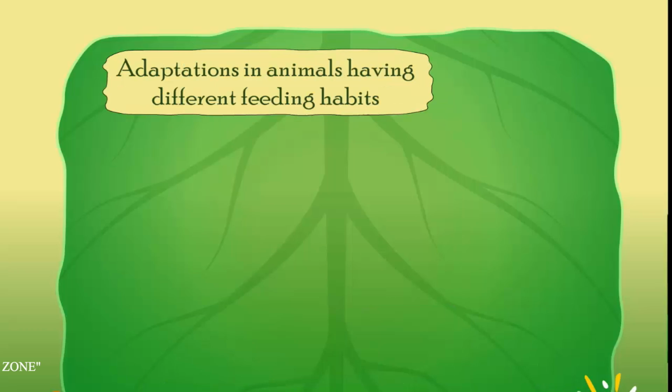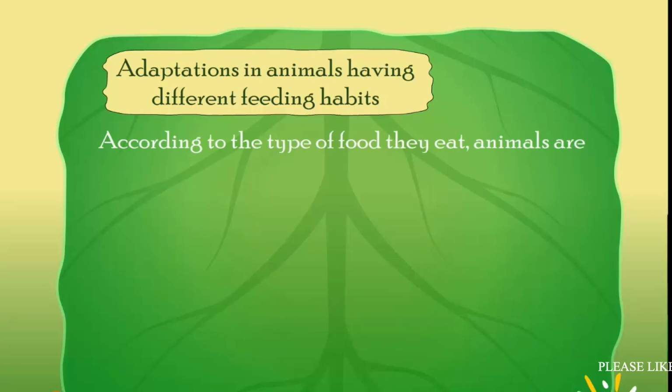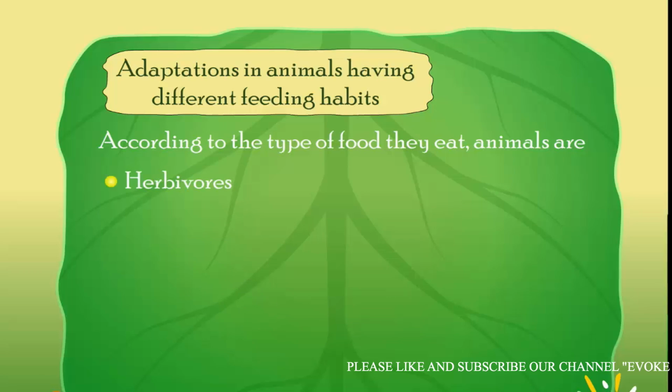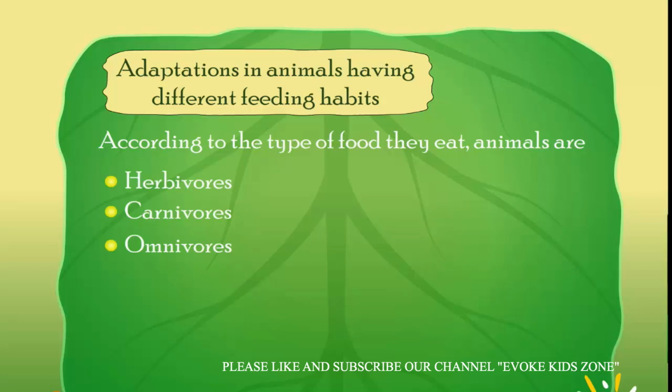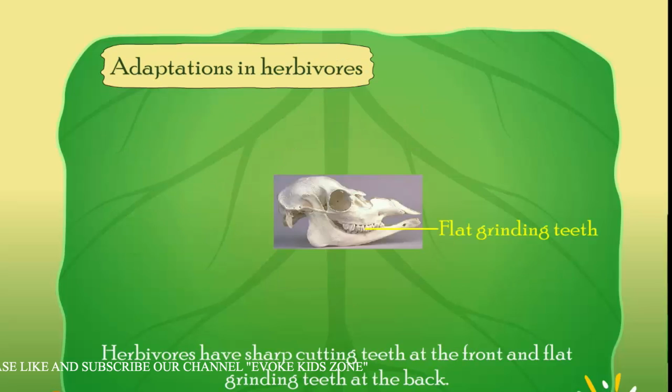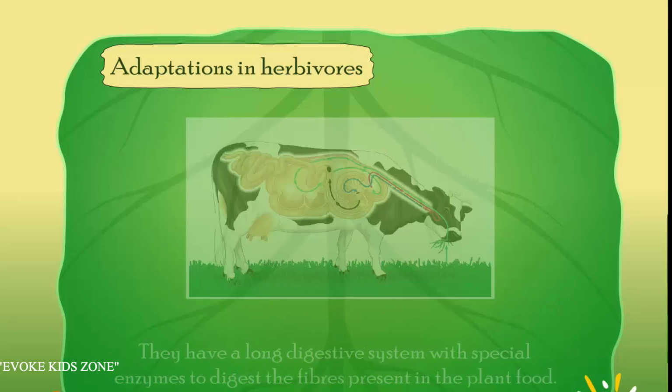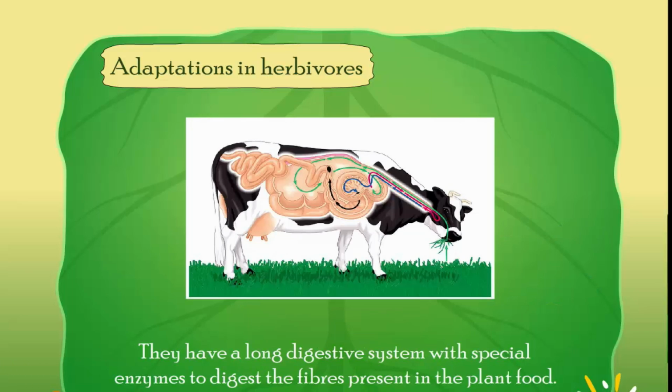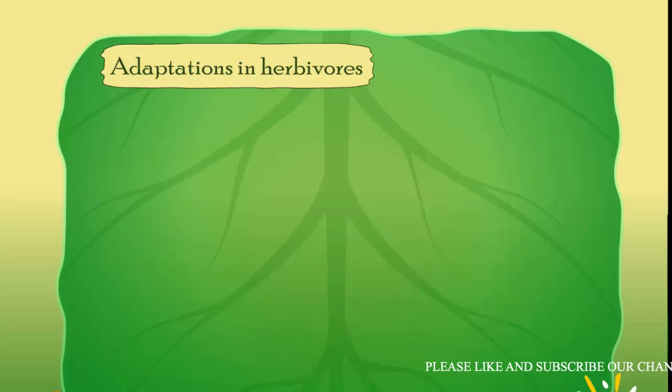We will now discuss adaptations in animals having different feeding habits. According to the type of food they eat, animals are herbivores, carnivores, omnivores, and parasites. Herbivores have sharp cutting teeth at the front and flat grinding teeth at the back. They have a long digestive system with special enzymes to digest the fibers present in the plant food.